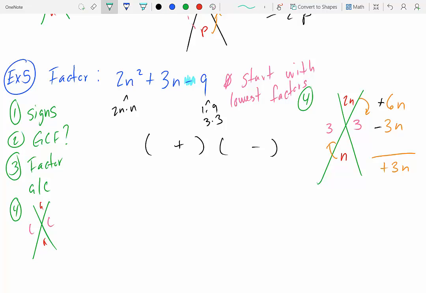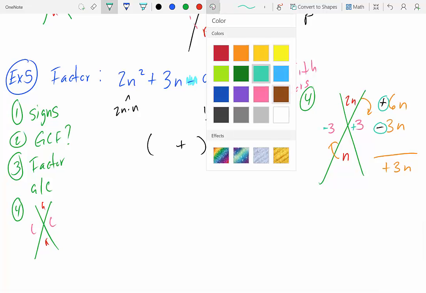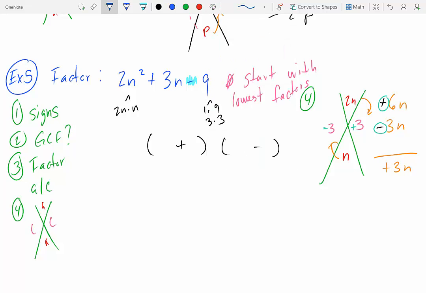Well, we multiplied 2n times 3, so that 3 must be positive. And we multiplied to get negative 3n by n times 3, so this 3 must be negative. And whichever way we did not go are our factors. So we have n plus 3 and 2n minus 3. And we're done.